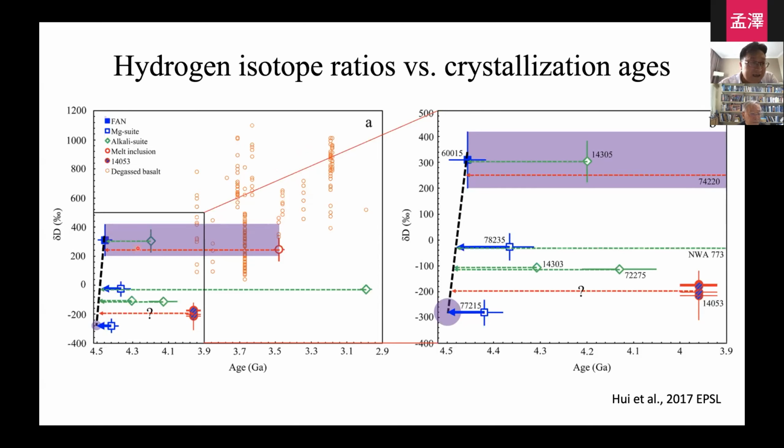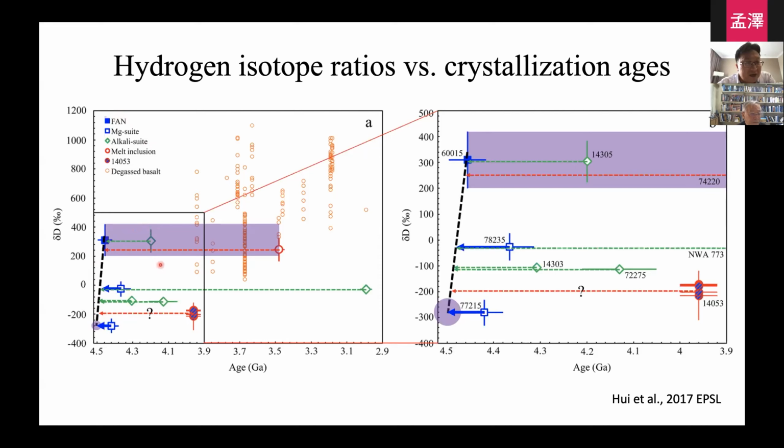On the other hand, as we can see from these old samples, for the magnesium suite or alkali suite, these are plutonic rocks. That means the degassing effect is minimal. So the hydrogen isotope compositions in these samples can be used to represent those of their sources.